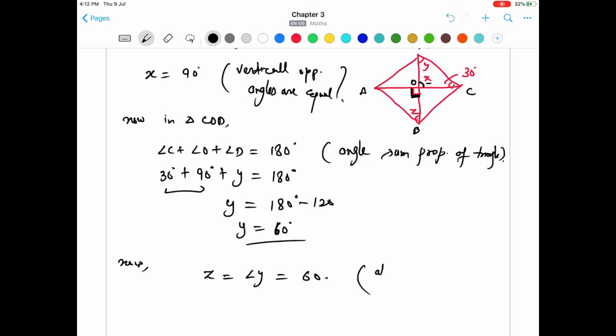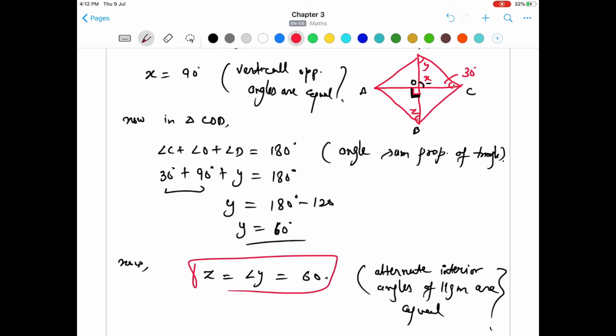Therefore alternate interior angles of a parallelogram are equal. So hence we got the value of all three. y is 60, z is 60 and x is 90. y and z are 60 degrees each and x is 90 degrees. So that's the solution of part 3 of question number 2.